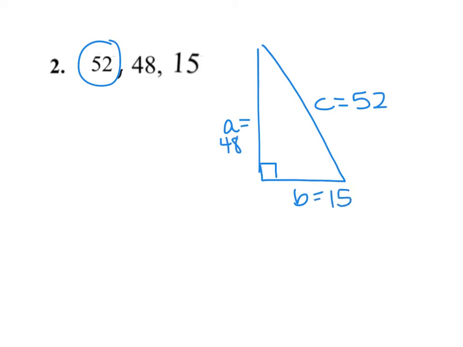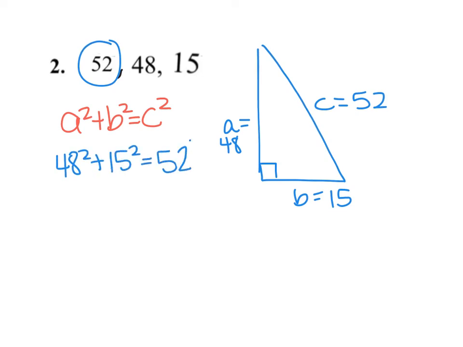So let's plug it into the Pythagorean theorem. Again, we're going to have a squared plus b squared is equal to c squared. And so we'll take 48 squared plus 15 squared, and is that equal to 52 squared?